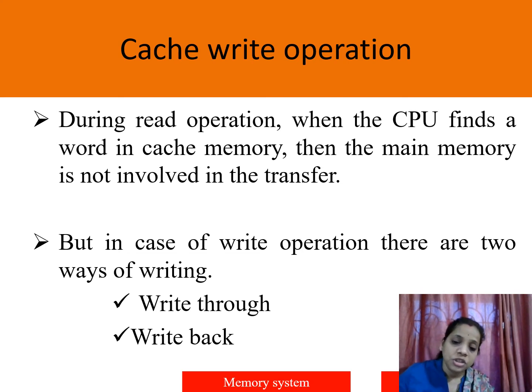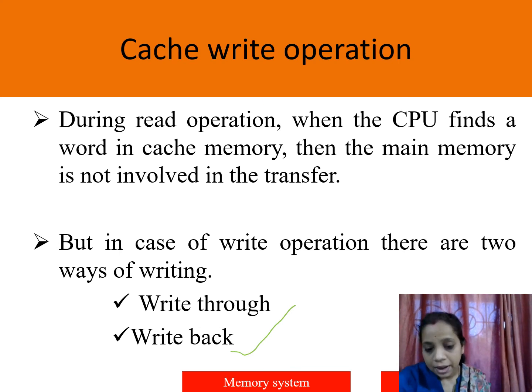So the next approach is write back. We will go by the name. Write back means we will first update the cache memory, and then after that we will update the main memory, or vice versa.